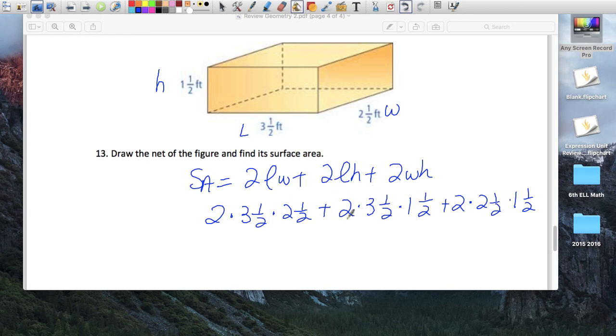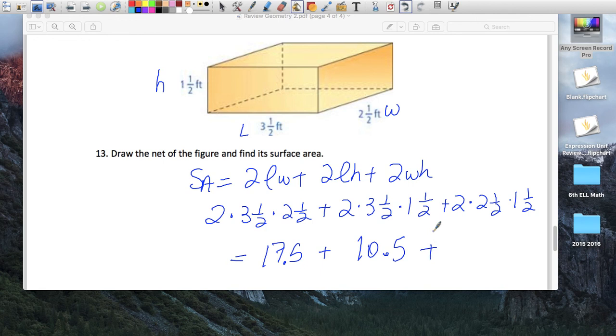Okay, it just becomes a matter of calculation. So first set, 2 times 3.5 times 2.5, and for that group you get 17.5. The second group here is 2 times 3.5 times 1.5, and you get 10.5.